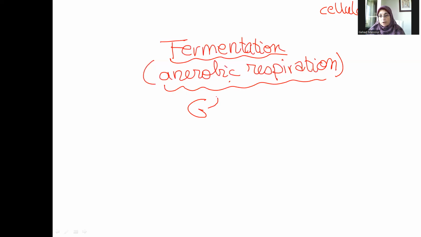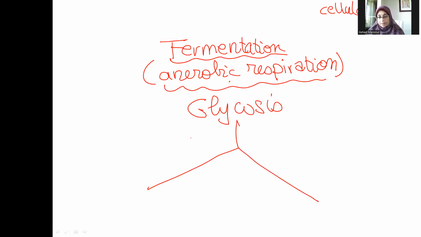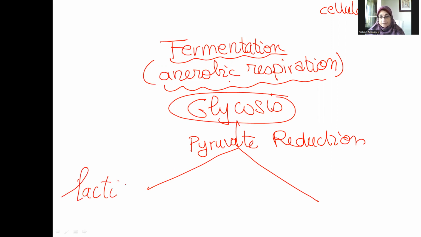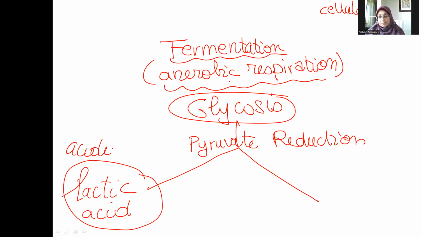So actually fermentation is anaerobic respiration. What does it consist of? It consists of glycolysis followed by pyruvate reduction. But if we reduce pyruvate into lactic acid, then the whole process is called acidic fermentation. And there is no carbon dioxide here.